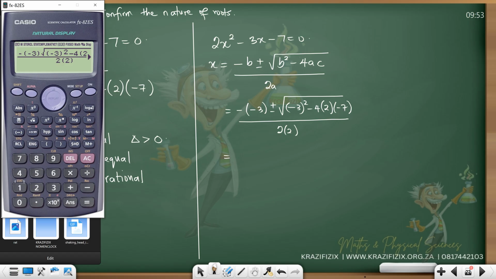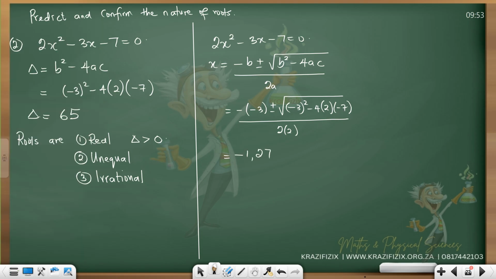And what was the first one again? 2,77. Check. It's perfect. They are real, they're not equal, and we don't have them as fractions. You cannot write these numbers as fractions, so they are irrational.